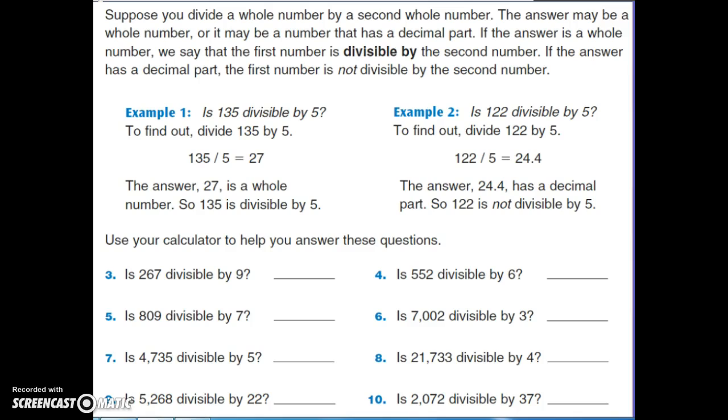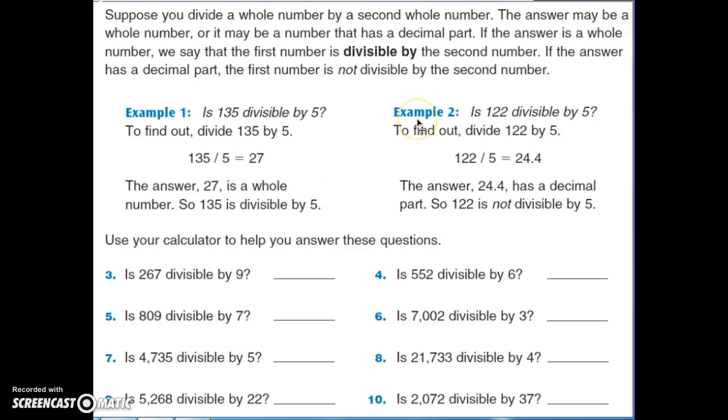If you take a look at example number 1, is 135 divisible by 5? To find out, you would divide 135 by 5. Here you can see that 135 divided by 5 equals 27. 27 is a whole number, so 135 is divisible by 5.